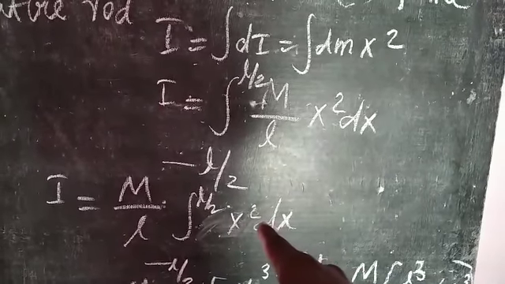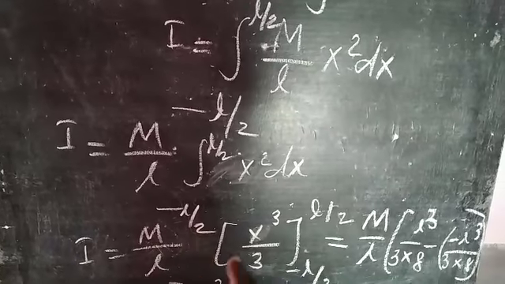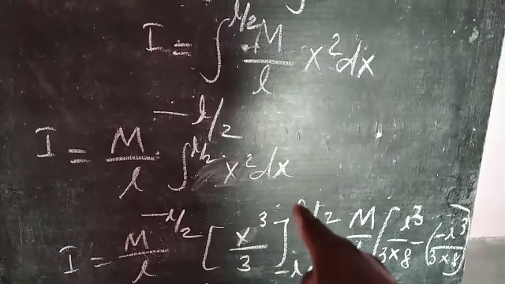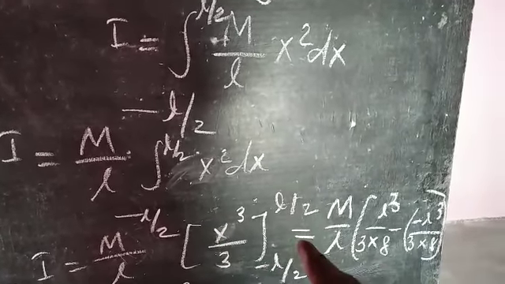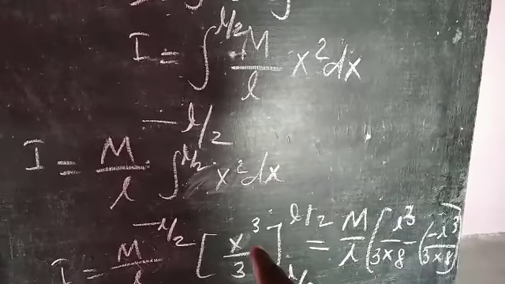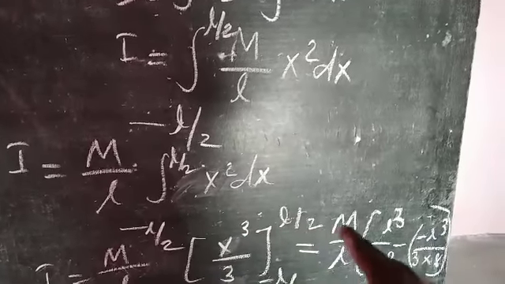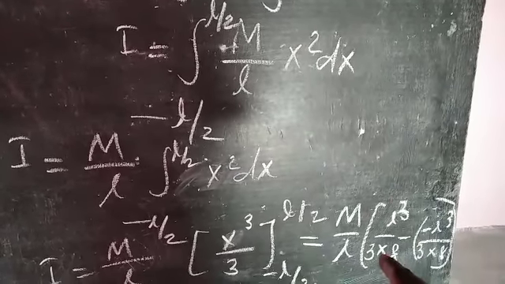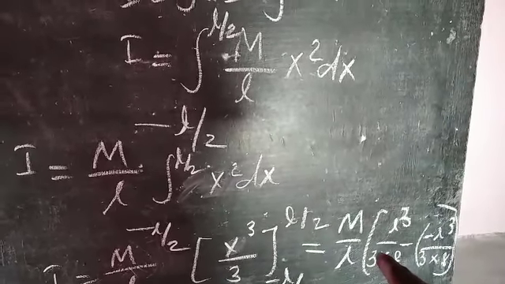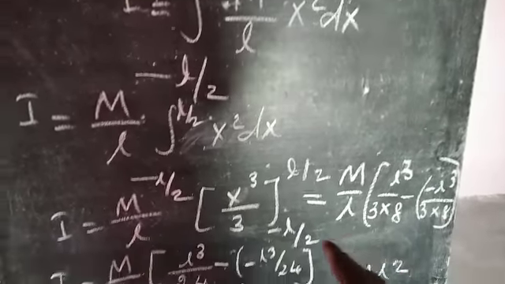The integration of x square dx is x cube by 3. So I equal to m by L, x cube by 3, from minus L by 2 to plus L by 2. Substitute the limits: x value L by 2, so L cube by 2 cubed, which is 8, into 3, minus of minus L cube by 3 into 8.